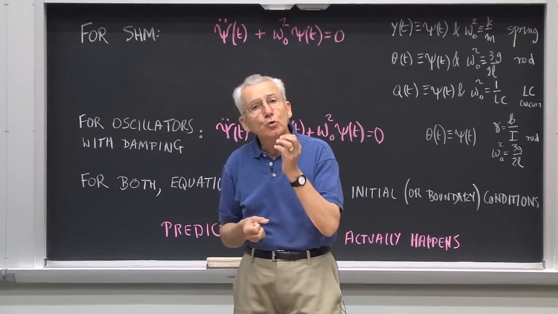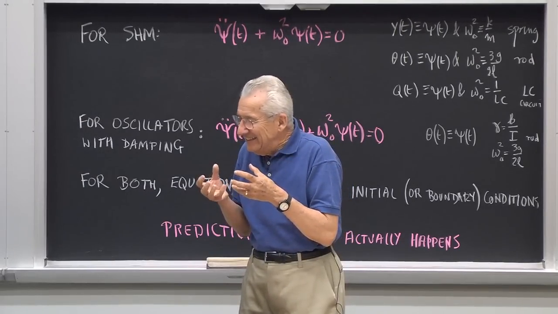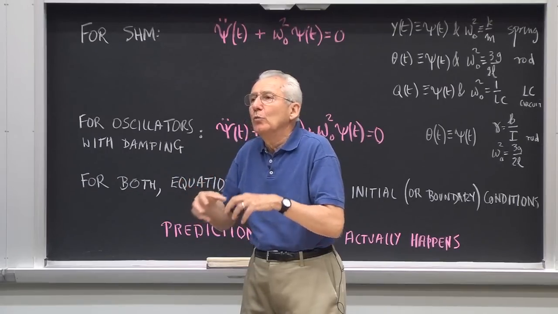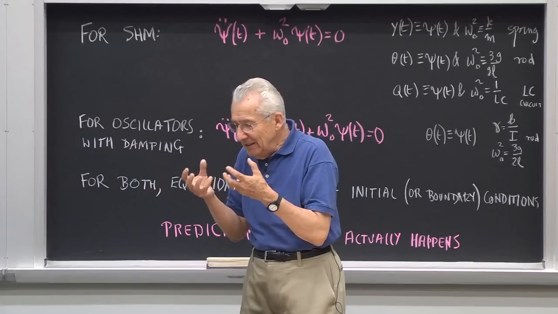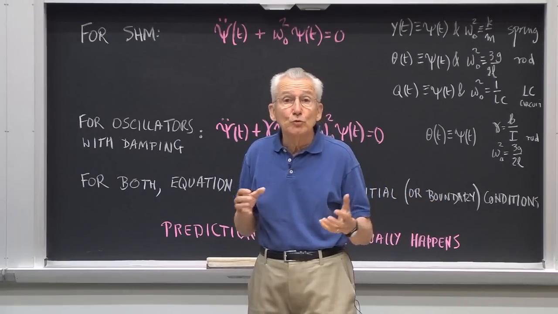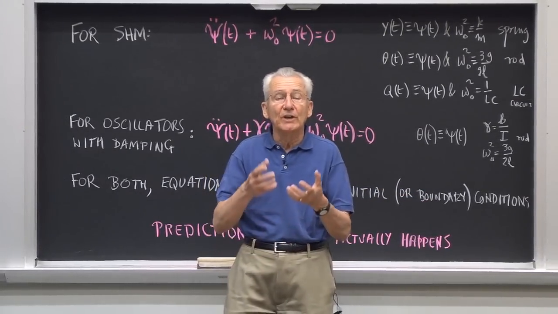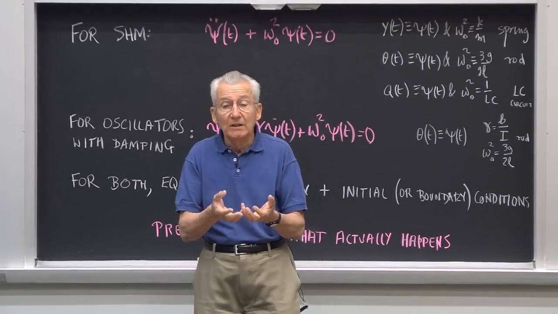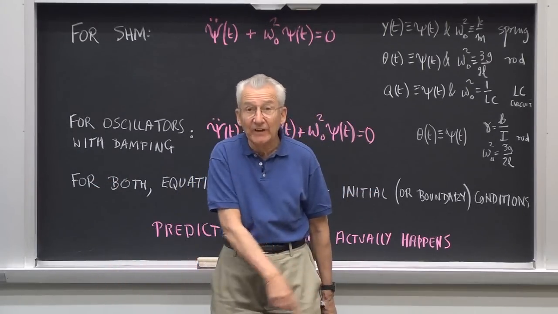Well, there are two properties which describe the quality of a given oscillator and what its behavior is. One, you've seen already, is the period or the frequency of the oscillator. In other words, you could have one oscillator which goes very slowly. You can have one which goes very fast.